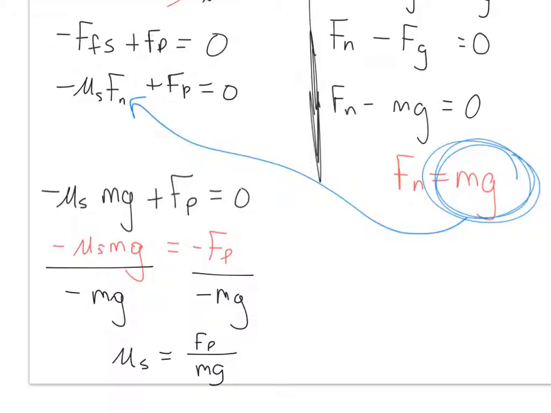Fp over mg. What do we get as an answer for this? What was the mass? M is mass, g is gravitational constant, 9.81. What was the mass? 24?